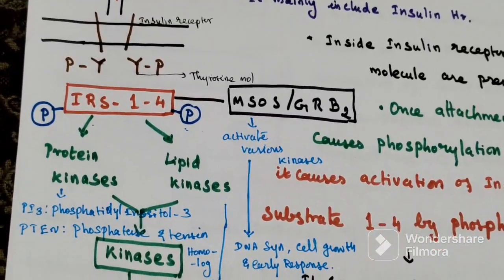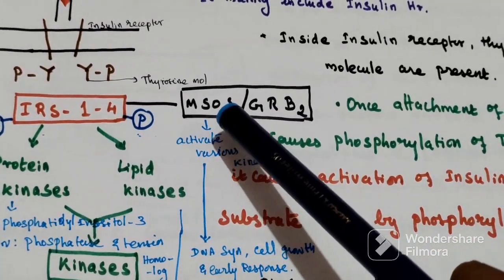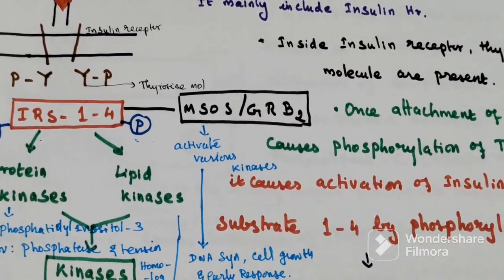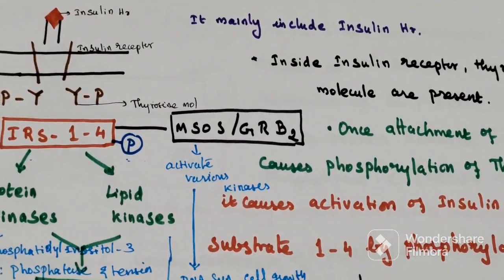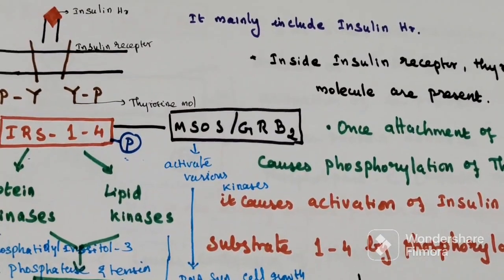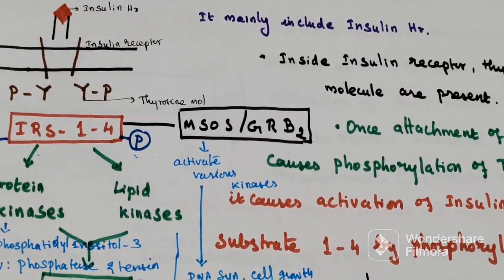It also activates some factors, mSOS, mammalian son of sevenless, and GRB2, growth factor receptor binding protein.